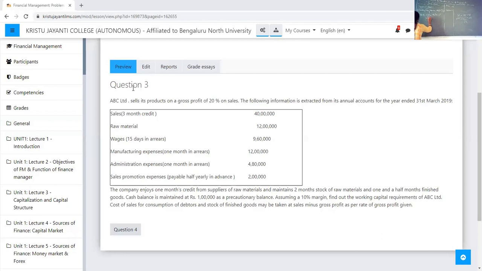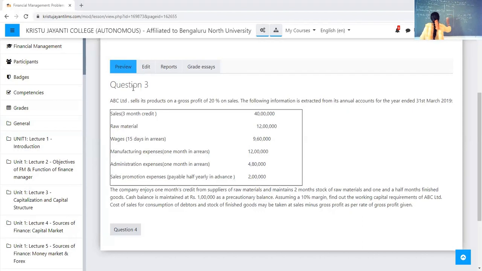We have 12 lakhs. Raw materials do not include any profit. Therefore 12 lakhs into 2 divided by 12, which is 24 divided by 12, 2 lakhs.